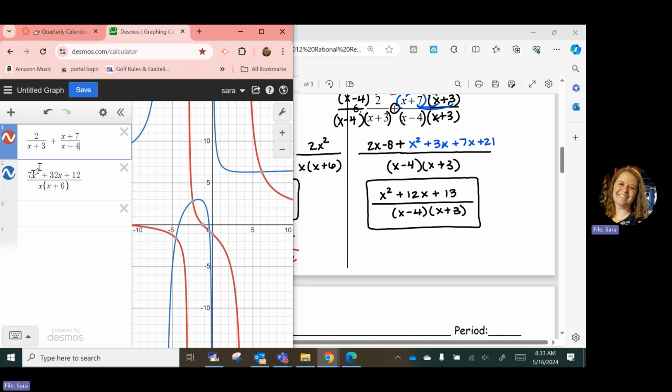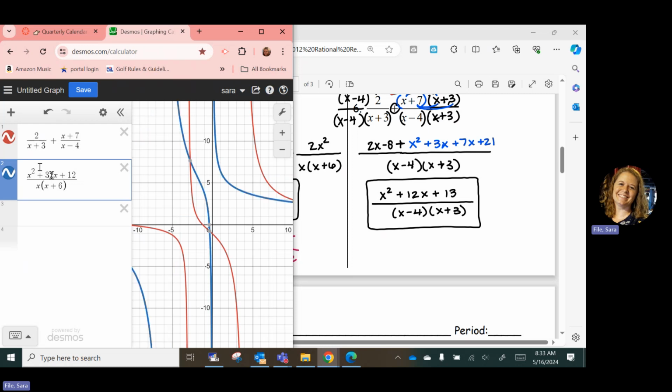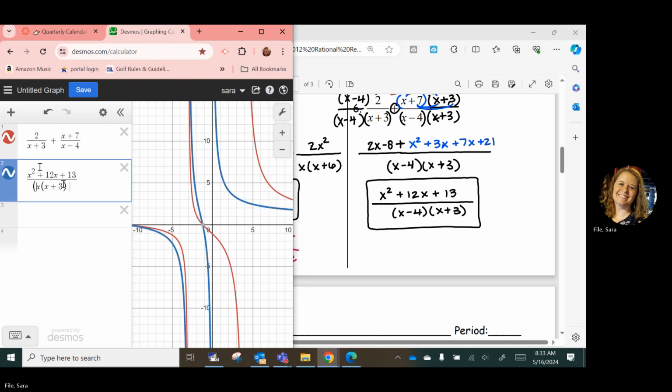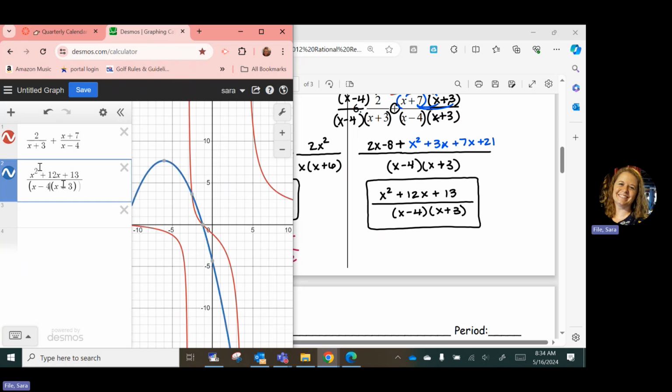And then we came up with x squared plus 12x plus 13 over x minus 4 times x plus 3.